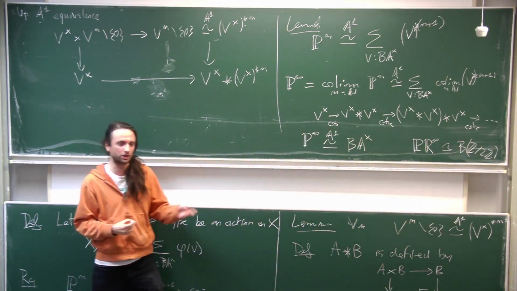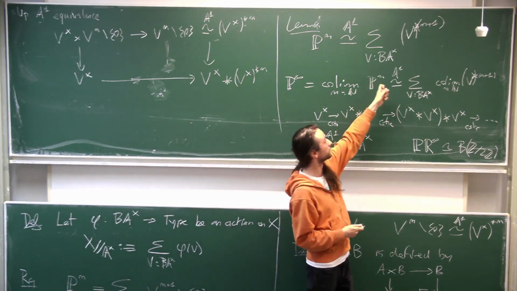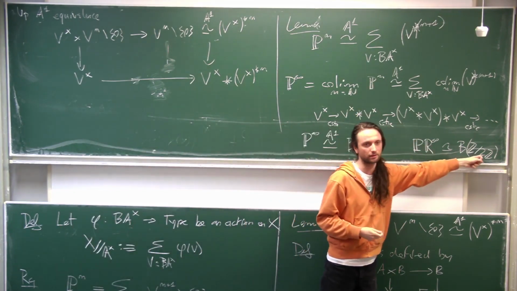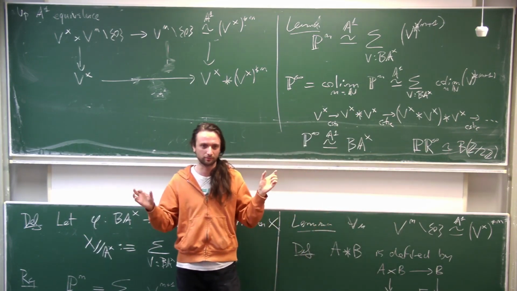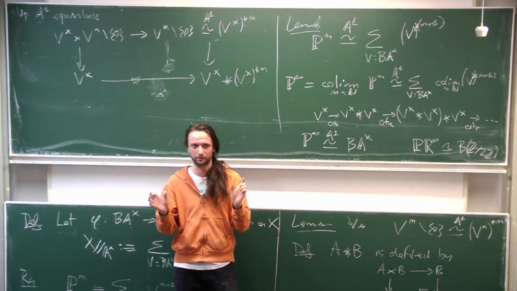So here the analogy between Z over 2Z and the real line is that the invertibles in the real line are homotopy equivalent to Z over 2Z.